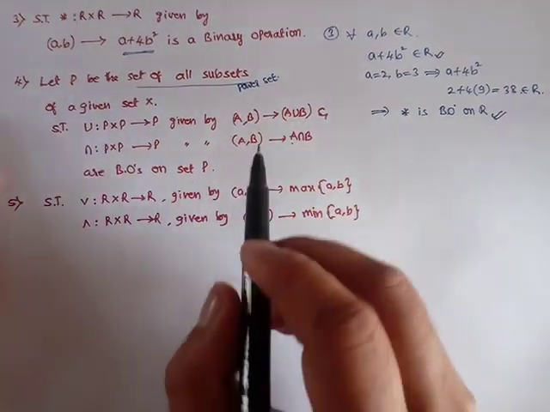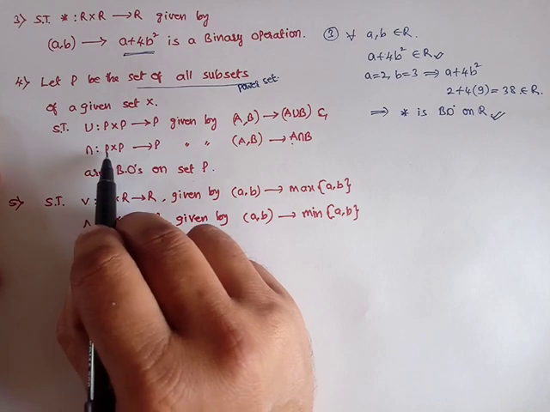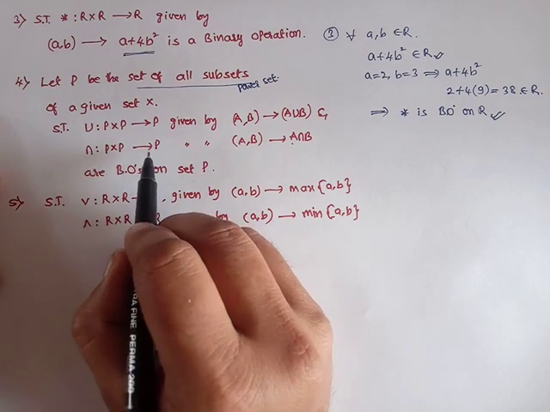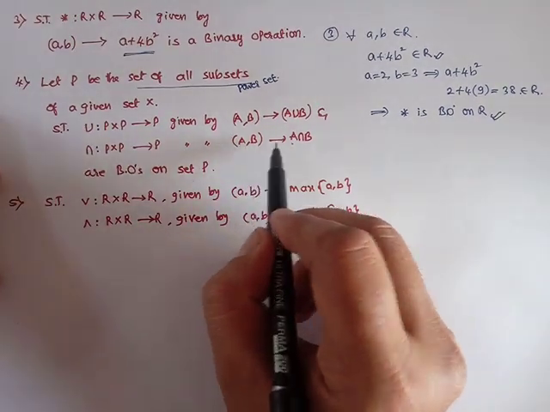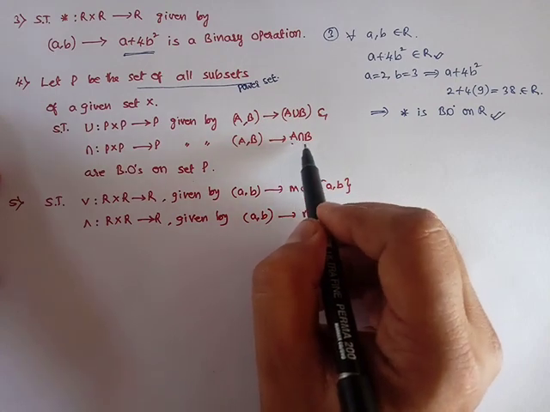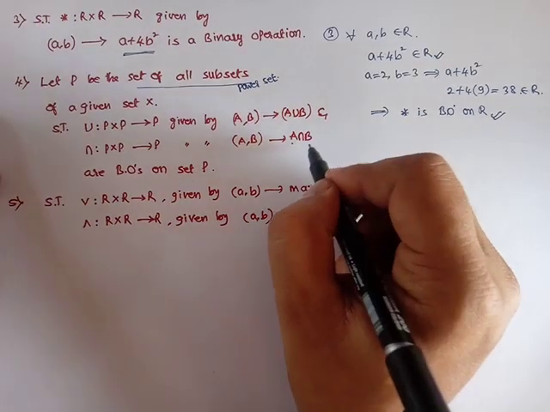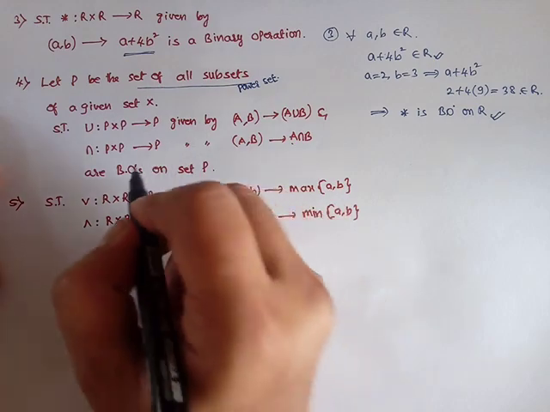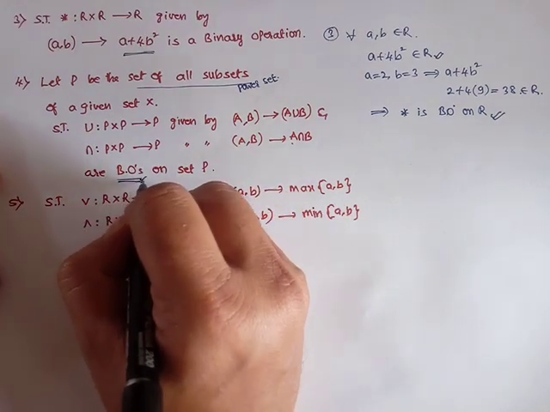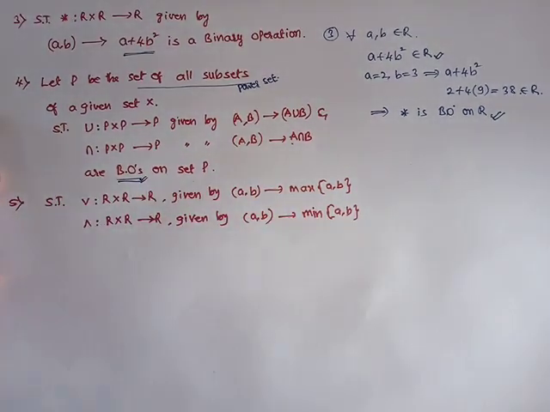And intersection is a function mapping from P cross P to P given by a comma b goes to a intersection b. So whether a union b and a intersection b are binary operations on set P or not, we will see.